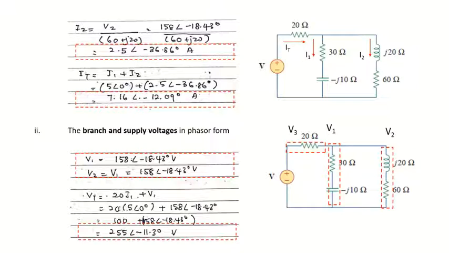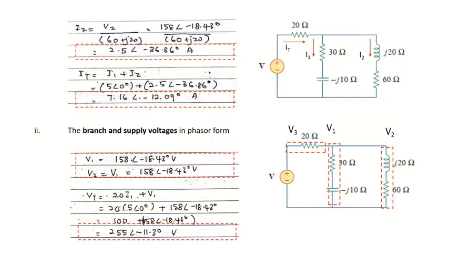We know that your V2 is equivalent to your V1, so straight away we use the V1 value. V1 is 158 with minus 18.43 degrees, and Z2 is 60 plus j20, which gives you an I2 value of 2.5 with minus 36.83 degrees amperes.